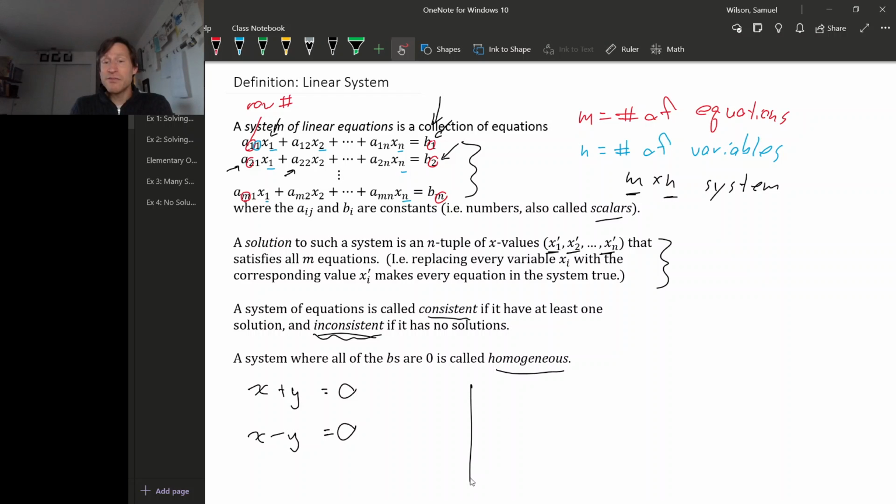If we graph this system, x plus y equals 0 turns out to be this line, and x minus y equals 0 is this line. The fact that the right-hand side of both of these equations is 0 is what makes both of these lines go through the origin.